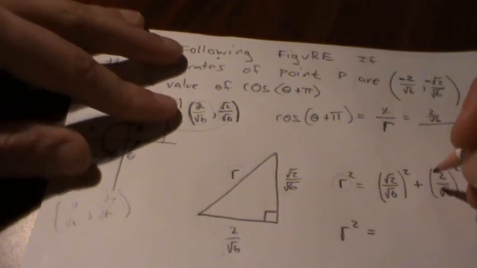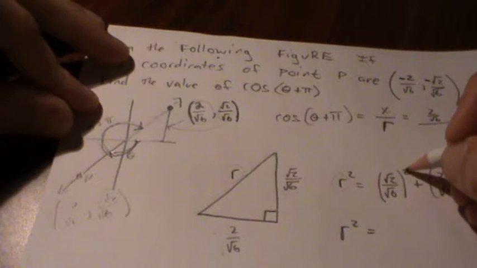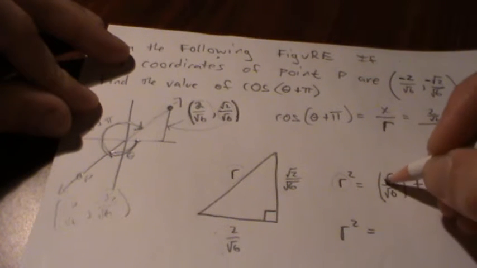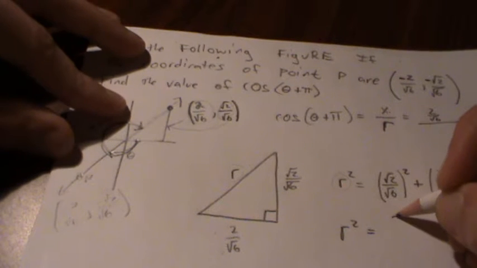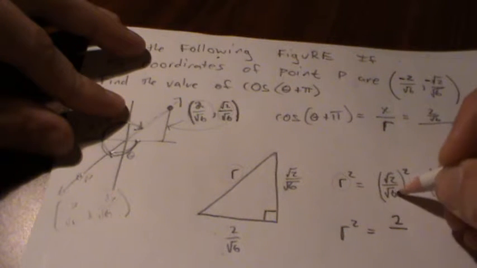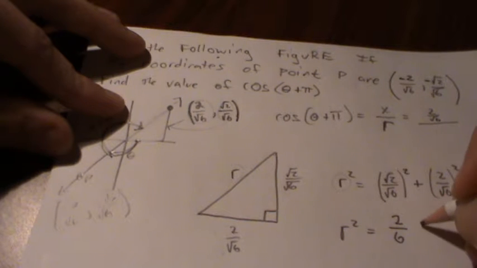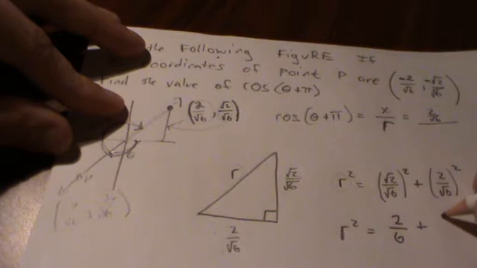This math isn't as bad as it looks, because the square root of 2 squared is just 2, and the square root of 6 squared is just 6, plus 2 squared is 4, and the square root of 6 squared is 6.